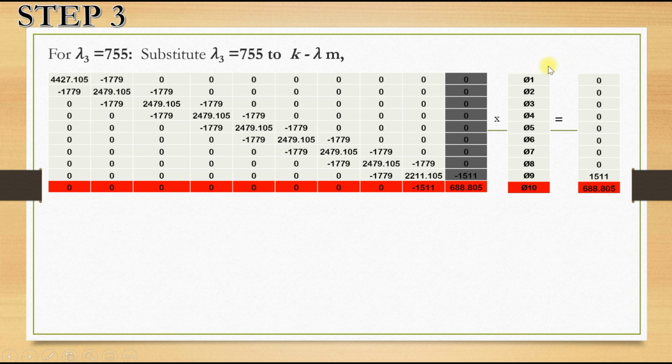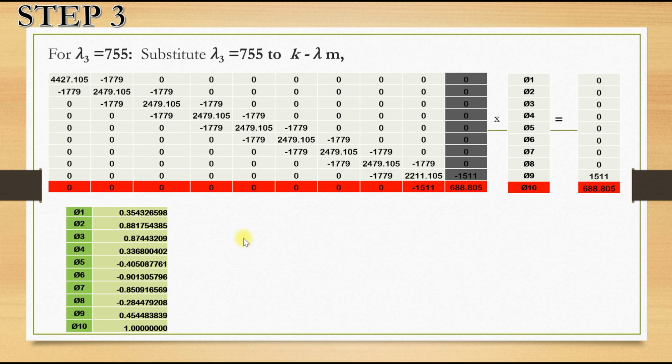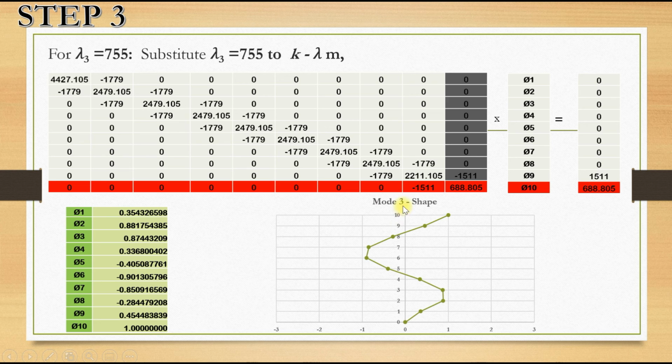Then pag i-multiply natin dito, makukuha natin yung first eigenvector na value natin ay 0.354326598 hanggang dito sa 10, which is equal to 1. So, ito naman yung mode 3. Yun yung shape ng mode 3. Mag-start siya dito, then pag ganun, then ito na.